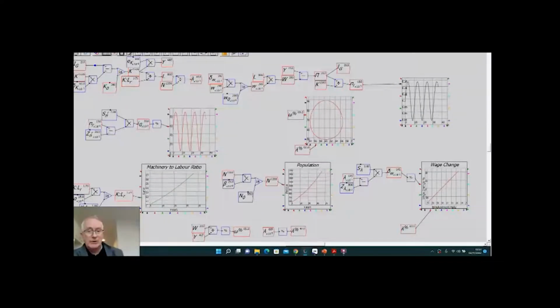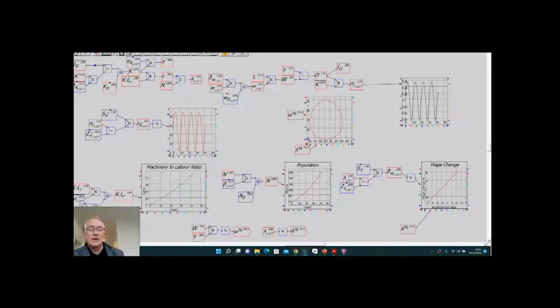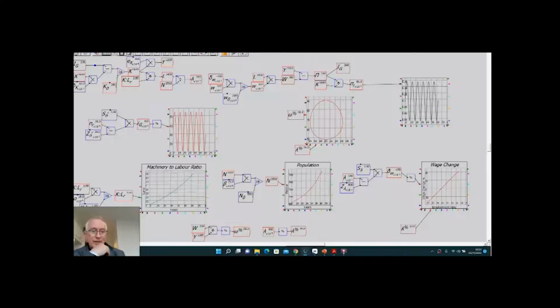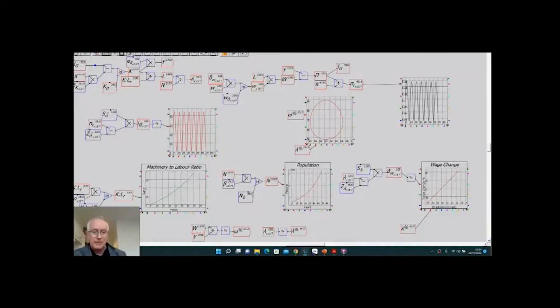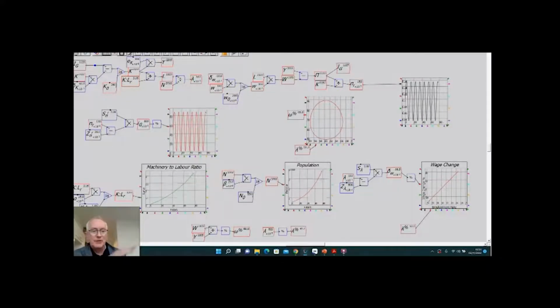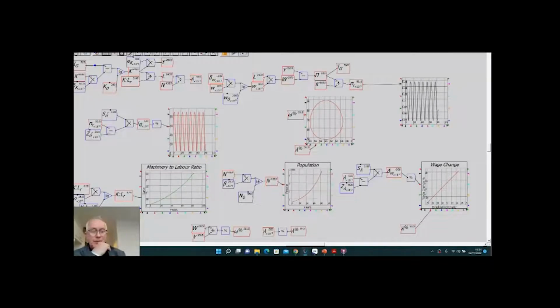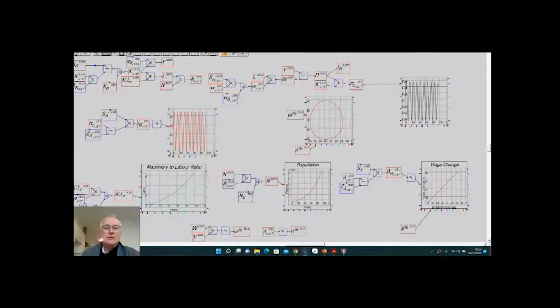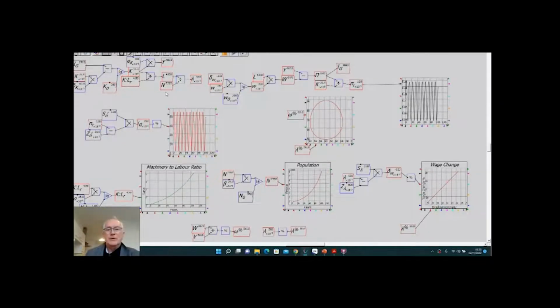So the whole idea of nonlinear functions is not to generate nonlinear behaviour, because notice in this model there are no nonlinear relationships. There's exponential growth of the machine to labour ratio, but that's a linear growth term. The percentage rate of growth of that ratio is a constant. Ditto for population growth. Where you get your non-linearities is you're multiplying various elements together. So you're multiplying wages by labour, and that's a non-linearity.